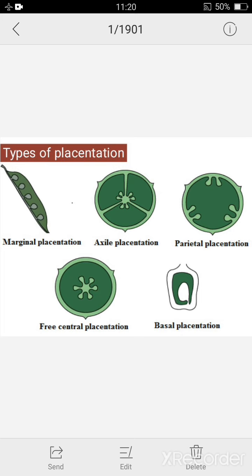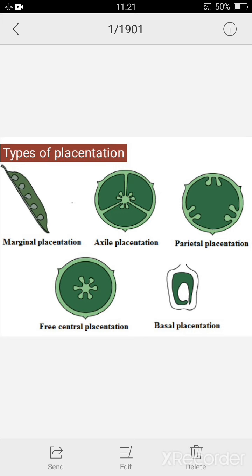They are attached to the placenta, which is present at the center portion of the fruit, called axial placentation. And the ovary is multilocular. What is the meaning of multi? Multi means many. Locule is a chamber of the ovary. See in the second diagram, how many chambers are there? 1, 2, 3 chambers.